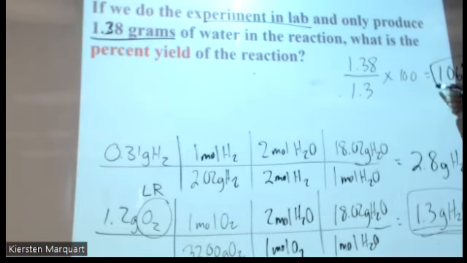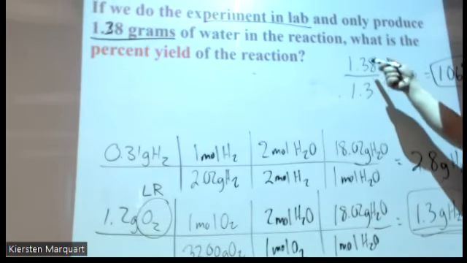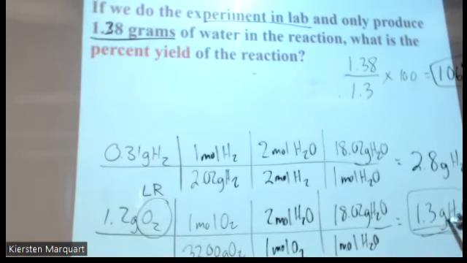But this shows us that in lab we were able to produce 106%. Again, lab error can cause all kinds of things to happen. So you may have less than 100%, you may have greater than 100%. It can go either way, but you put your actual divided by your theoretical. The one from the calculation always goes on the bottom.